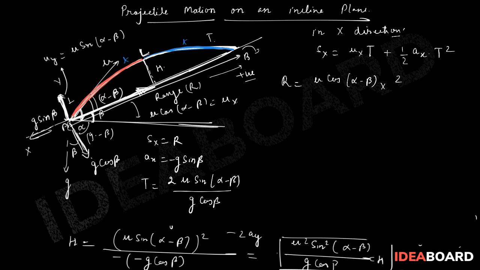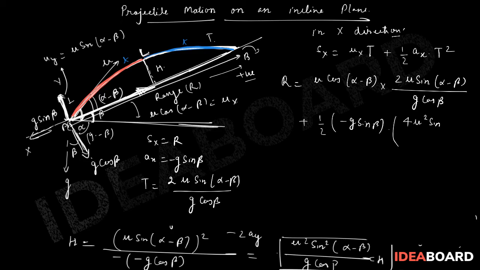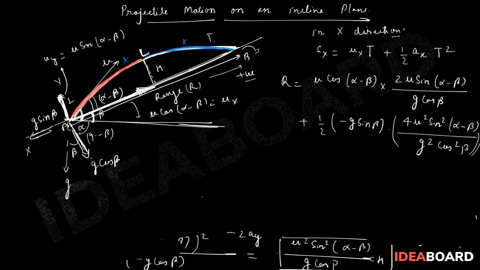T is going to be 2u sin(alpha minus beta) upon g cos beta, and of course plus half ax, which is minus g sin beta, into capital T square, which is 4u square sin square(alpha minus beta) upon g square cos square beta. Correct? Now we have to just simplify these values. So let us remove all this.